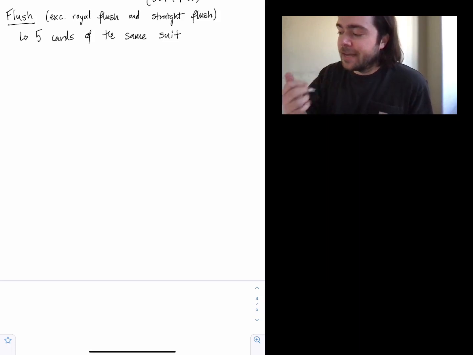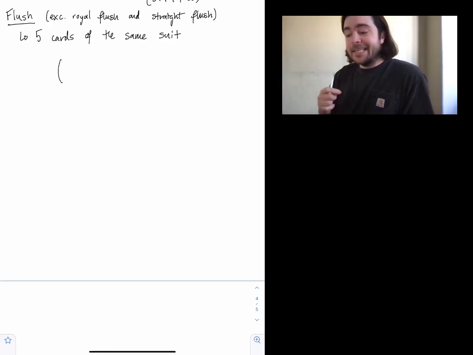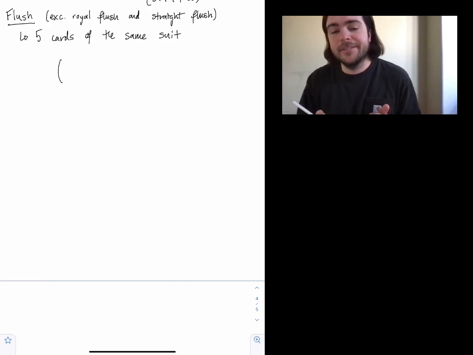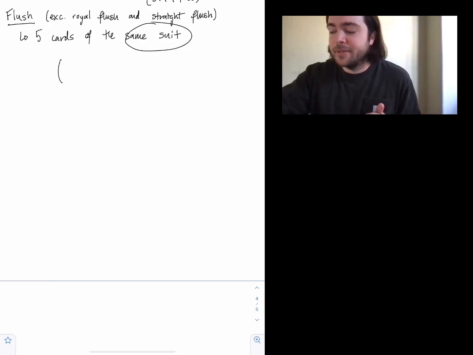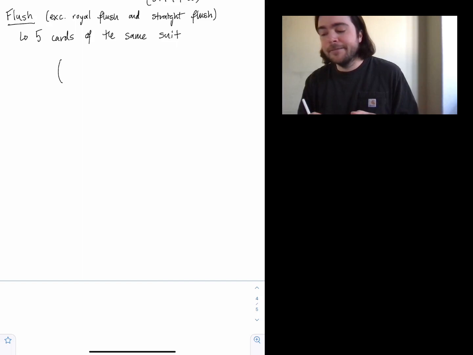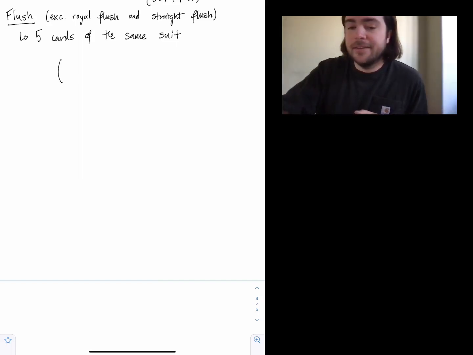So if I think about counting the values, it's really just the same as saying I need a subset of 5 values out of the 13 total values, because I can never have a duplicate value that's also in the same suit. That would be a duplicate card. So to specify the values in a flush, you're necessarily specifying a subset of 5 values from the set of 13 total values. That's just 13 choose 5.